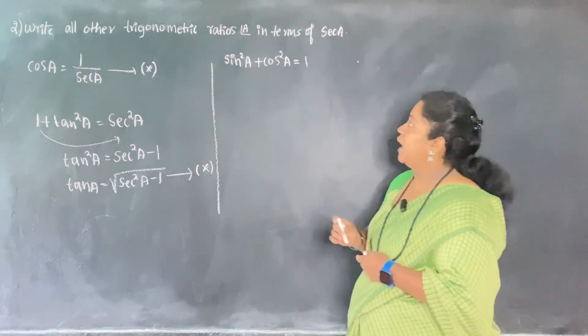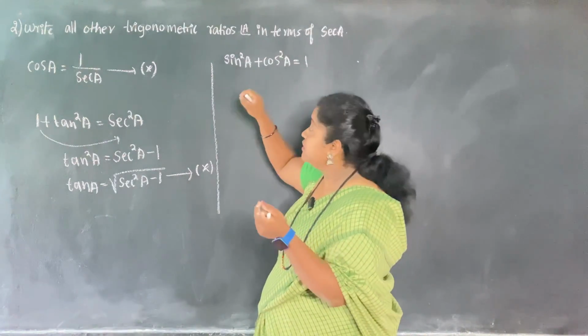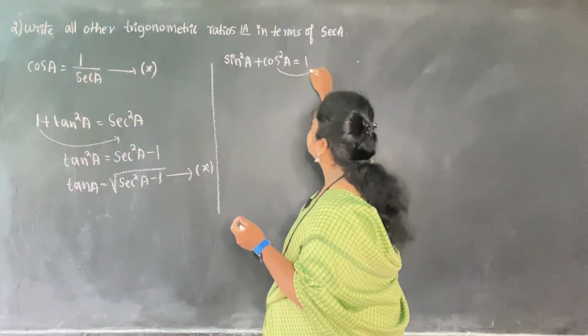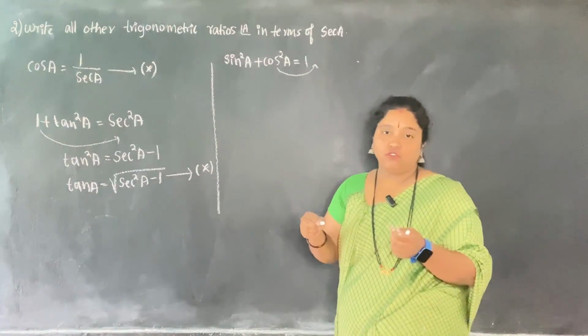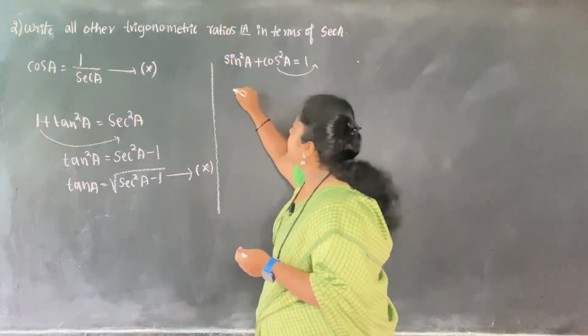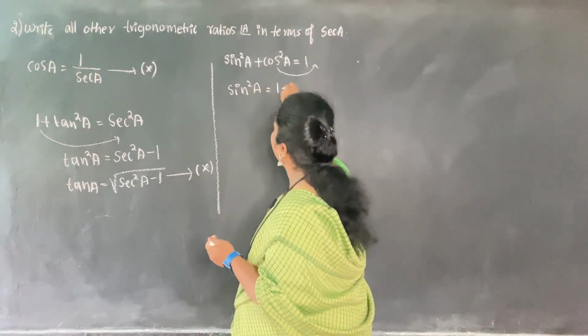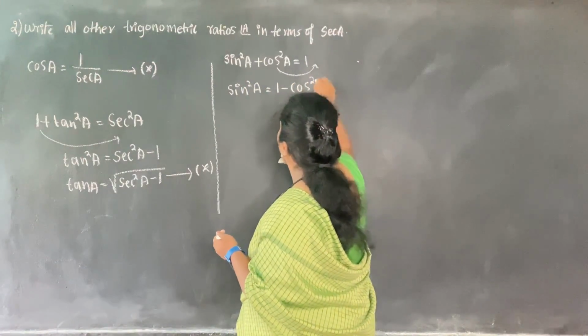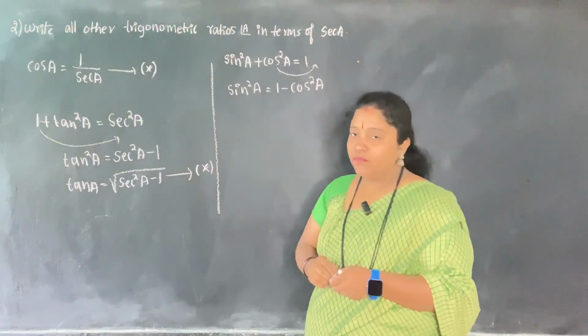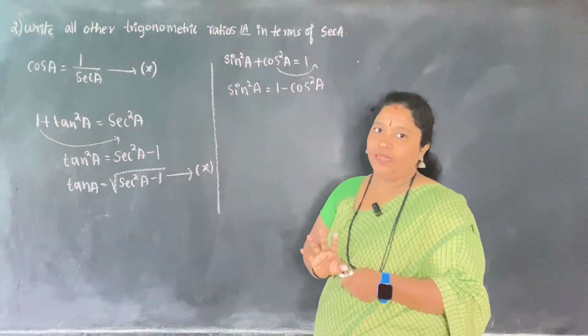I have to represent in terms of sine, no? So I'll send this cos square to the other side. Plus cos turns to be minus cos. So I'll be having sine square A is equal to 1 minus cos square A.